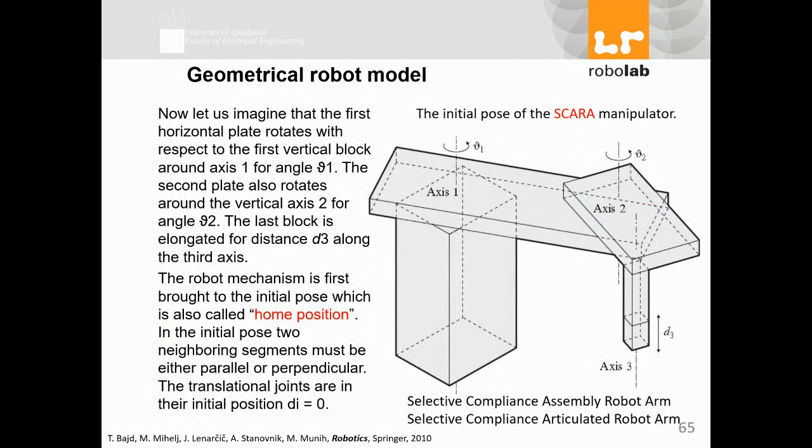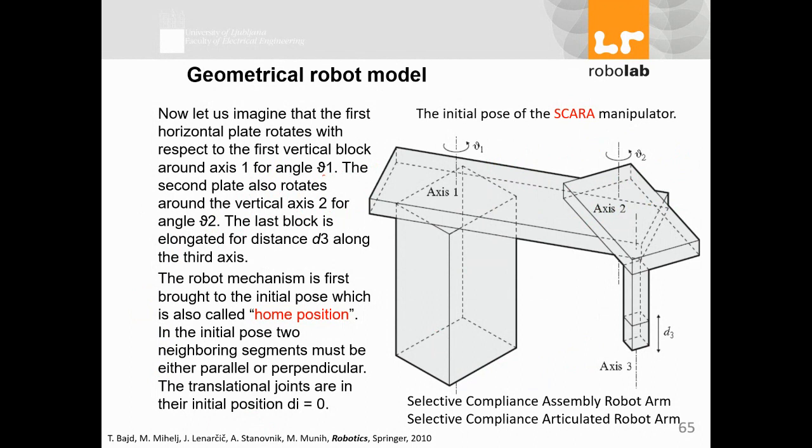Fantastic. Now, geometrical model of the robot. Let us imagine that the first horizontal plate rotates with respect to the first vertical block around axis 1 by angle theta 1. The second plate also rotates around the vertical axis 2 by angle theta 2.